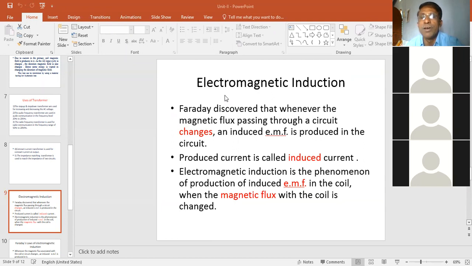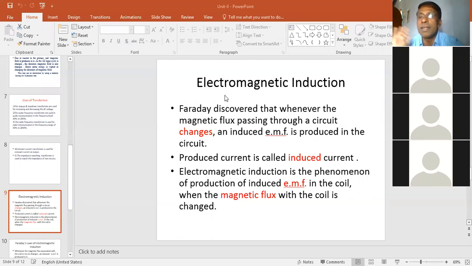So what is the basic need for electromagnetic induction? The basic need is the closed circuit. After that, in that closed circuit, the magnetic flux changes. Magnetic flux changes means the magnetic lines of force change from 0 to a certain value, or from the maximum value to 0. That means there should be a change in the magnetic flux.